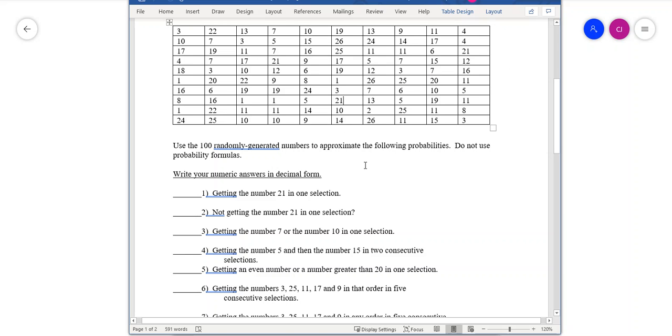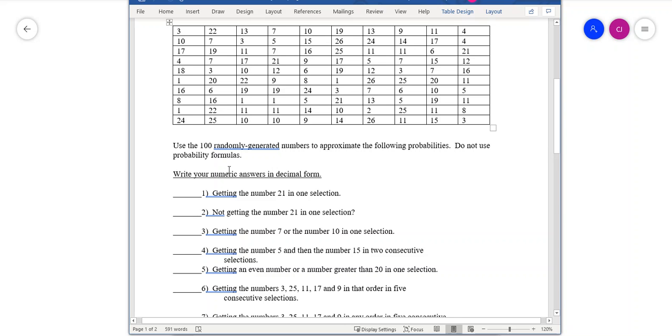Out of these 100 numbers, I have three 21s. So my probability would be 3 divided by 100. It's 100 numbers, not 21 numbers. Let me state that once again: my probability for number 1 here is 3 divided by 100, or 0.03.